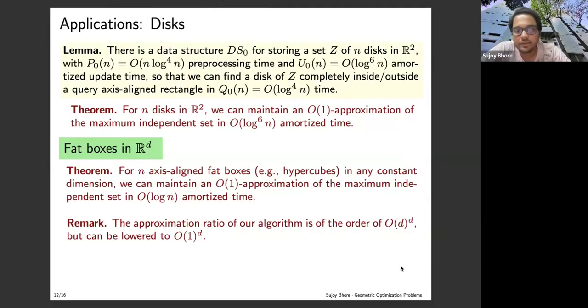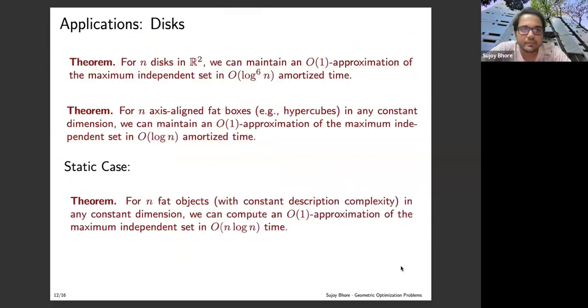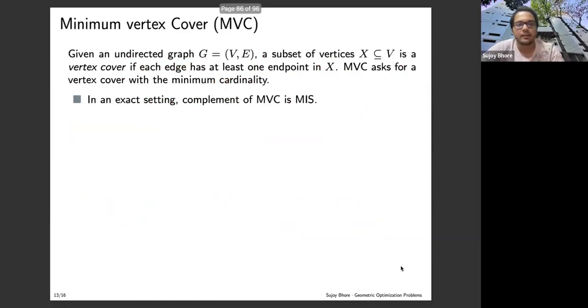The approximation of our algorithm is somewhat in the order of d to the d, but it can be lowered to order 1 to the d. So for constant d, this is still constant. And for the static case, for n fat objects of constant description complexity, we can also get a constant factor approximation for maximum independent set in order n log n time.